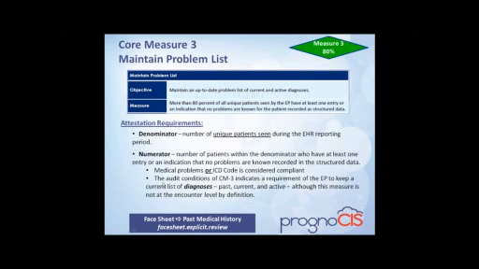The second bullet point here under the numerator refers to the audit conditions of Core Measure 3. This goes beyond the definition. The matter of compliance is strictly based on the measure requirements that we see here at the top in the table, which is that it not be blank, that it be populated with an indication that there's no problems or at least one problem, but it doesn't specify diagnoses.